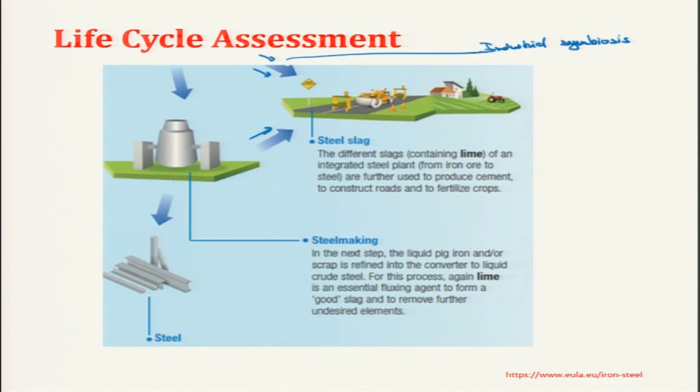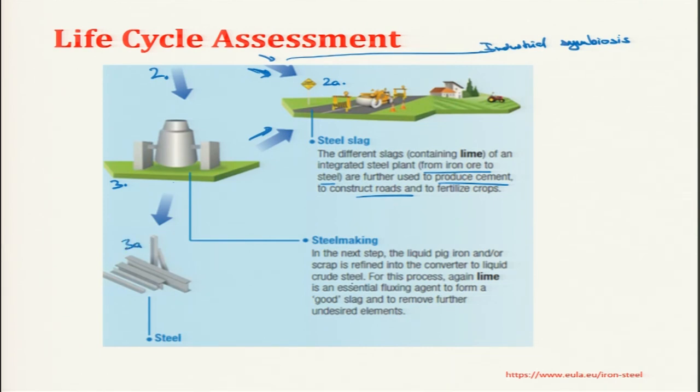Different slags containing lime of an integrated steel plant from iron ore or steel are further used to produce cement. This is from iron ore, this is from steel, from step 2 and step 3. This is step 2A. So, this is step 3A where we get the steel that is ready.